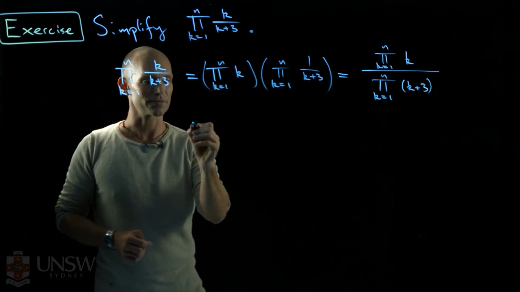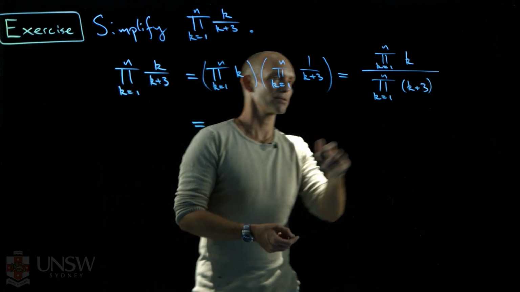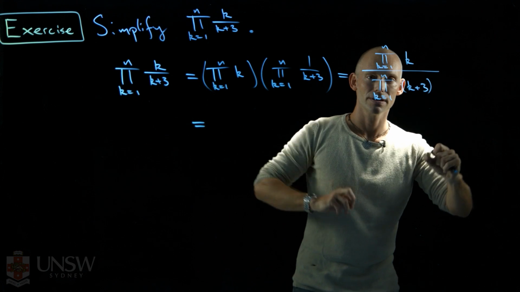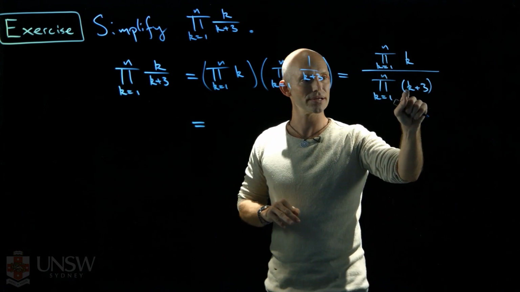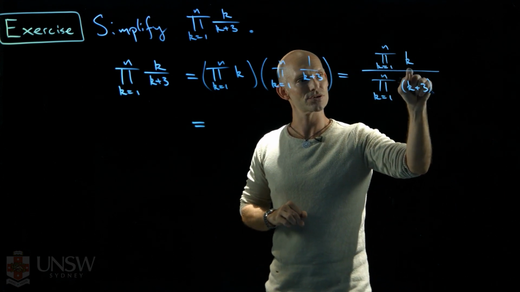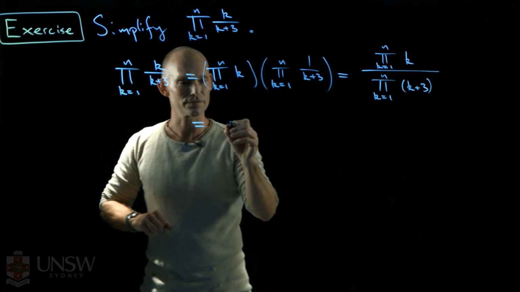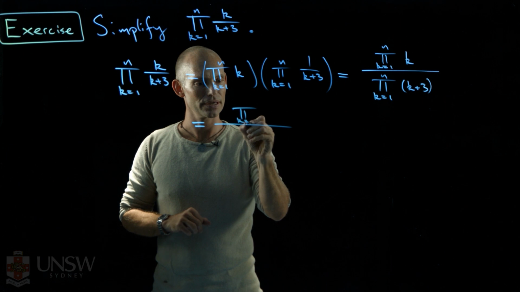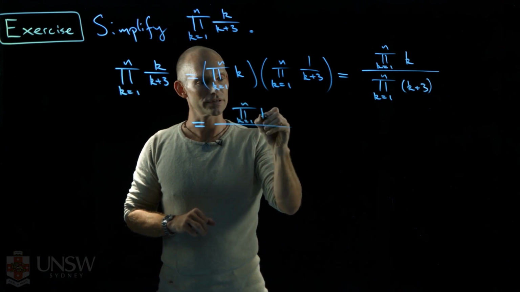So let's do that. So we want some sort of product here to be the same sort of product there. Now, first of all, what we can do is change that k value to just be k. So we've got the product up here, which we're not changing for now, k going from 1 to n over k.